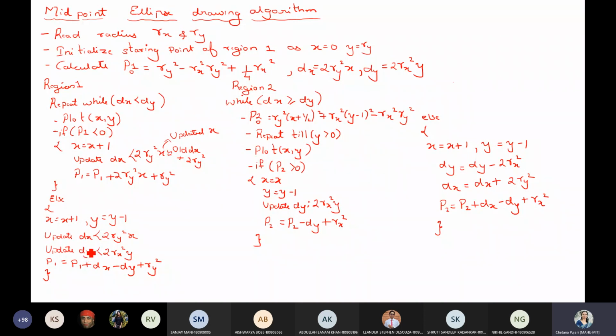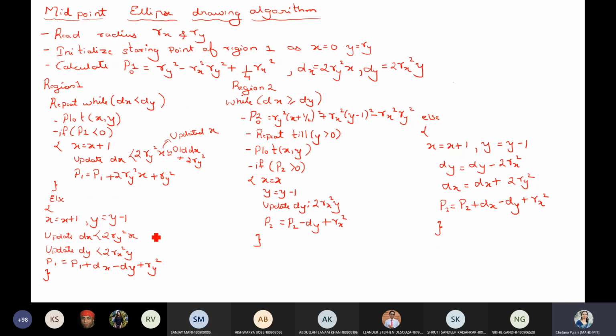You need to update the value of dx and dy by making use of new value of x and y. X value which is incremented, so that value you are considering, and for y value which is decremented, so that you will be considering and calculating. Here I have done multiplication. But if you are not comfortable with multiplication, you want to go for addition, you can go ahead with that.